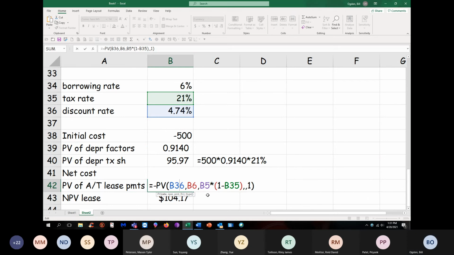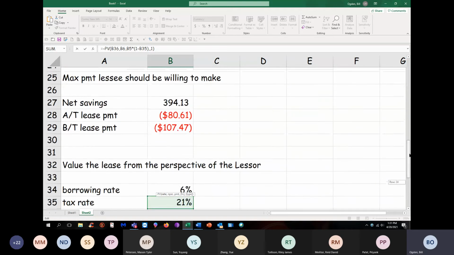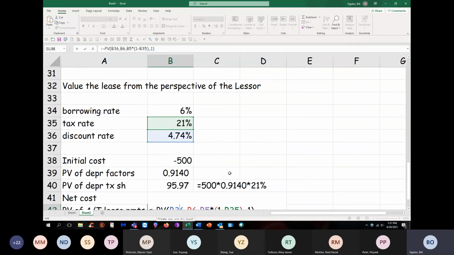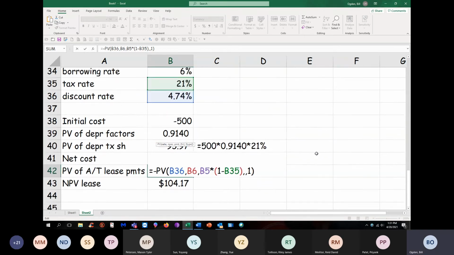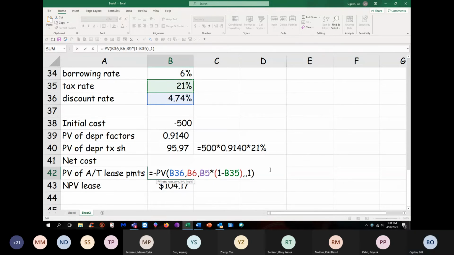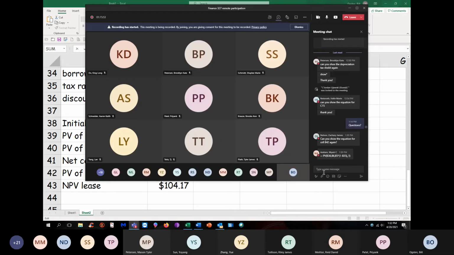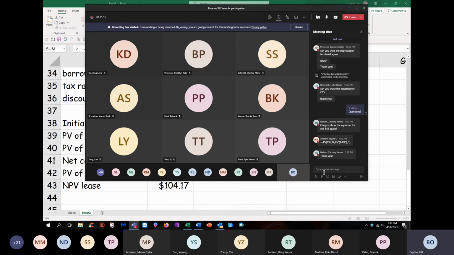And then I wanted the lease payment on an after-tax basis, so I took the lease payment, which I've specified in cell B5, $120, and I multiplied times 1 minus the tax rate for the lessor, and then specified the payment at the beginning. Is that okay? All right, looking good. And thank you for offering your equation.